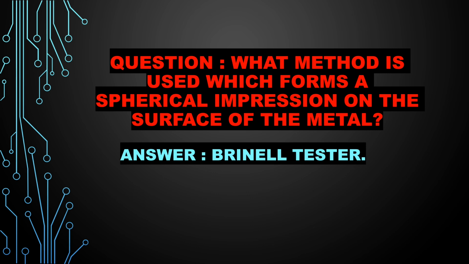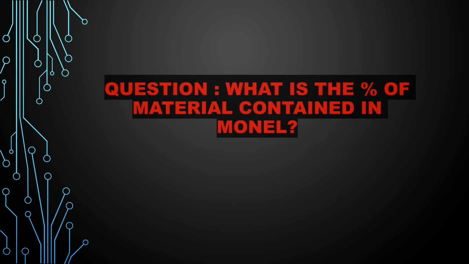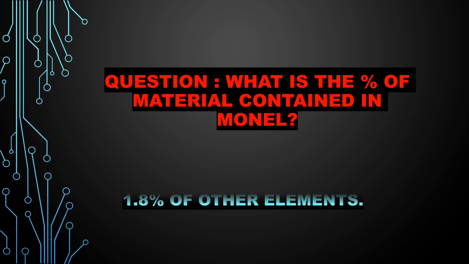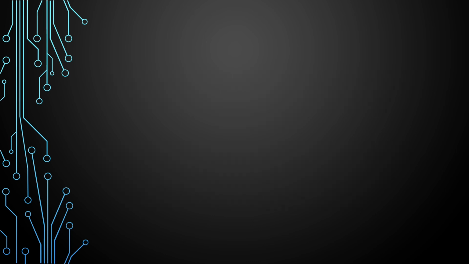Answer: Brinell tester. Question: What is the percent of material contained in Monel? Answer: 68% nickel, 29% copper, 0.2% iron, 1% manganese, and 1.8% of other elements.